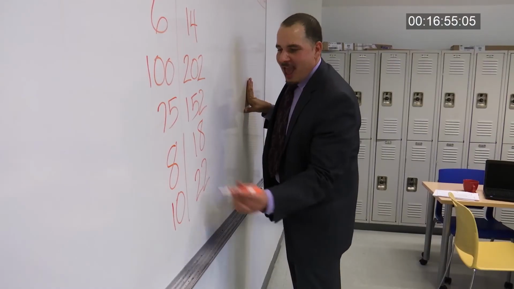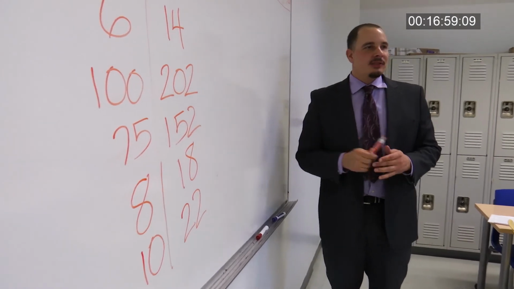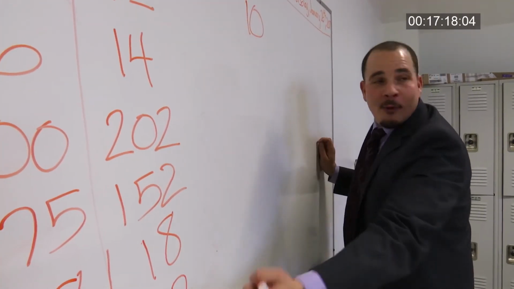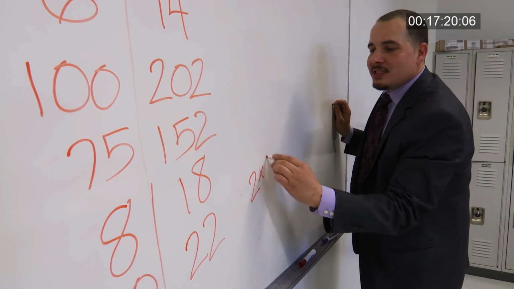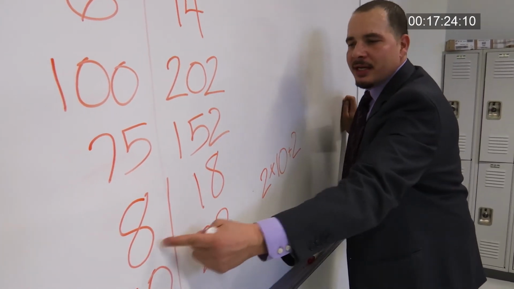Yes. And Peter, what do you think my rule is? How did you turn your 10 into a 22? Plus 12. Excuse me, you said two operations, I'm sorry. I multiplied 10 by 2 and then plus 2. Or you could say 2 times 10 plus 2. And how did we turn 8 into 18?